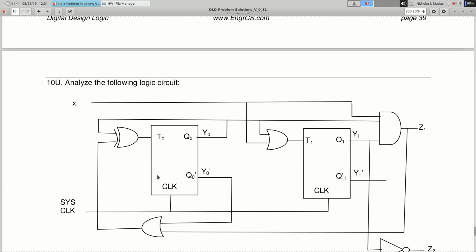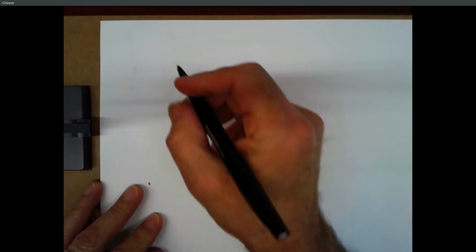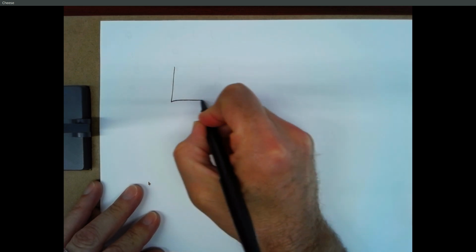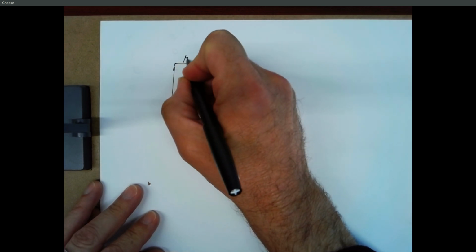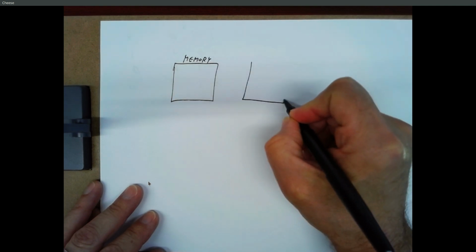All right, let's look at question 9. So this is the one about the fastest clock that you can use for a circuit. Let's do this in a little bit more generality. Remember what our basic state machine looks like. We've got some sort of memory, and we've got some sort of combinational logic.